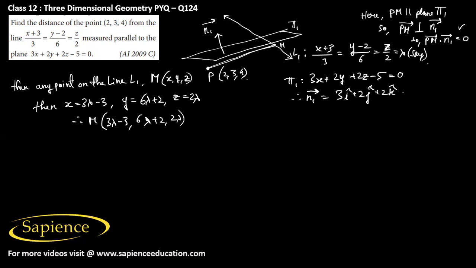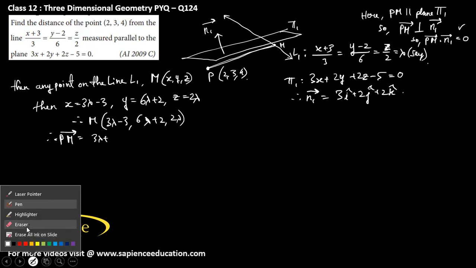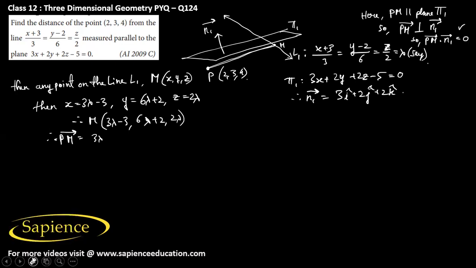So now PM vector will be obviously (3 lambda - 3 - 2) i cap plus (6 lambda + 2 - 3) j cap plus (2 lambda - 4) k cap.